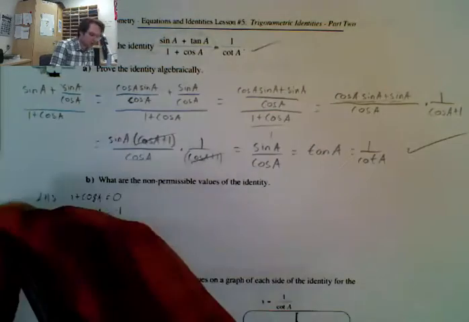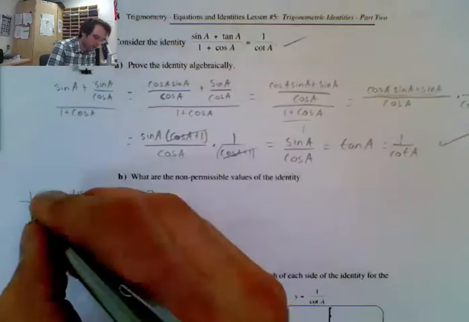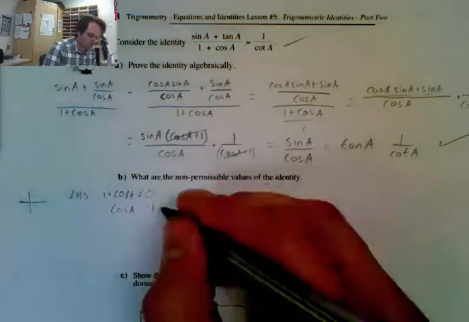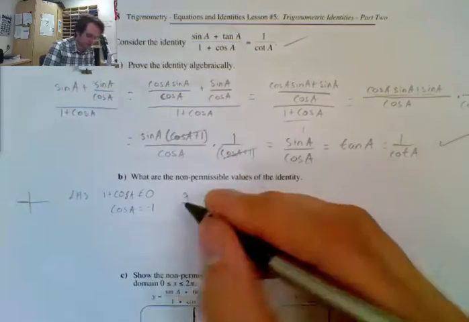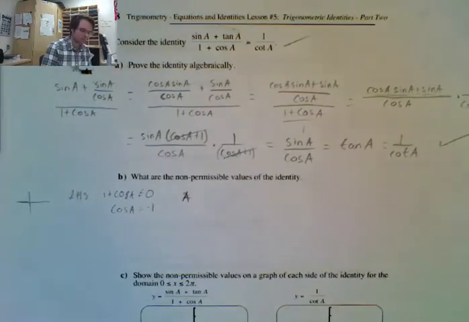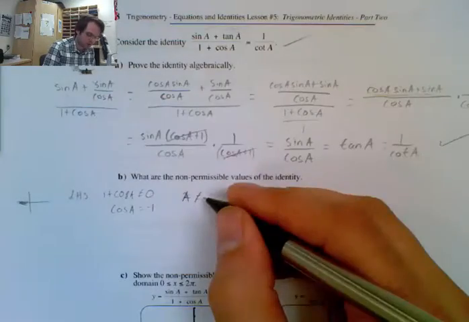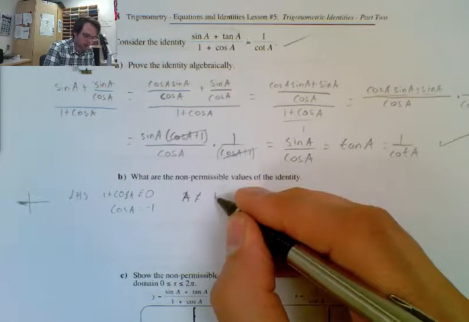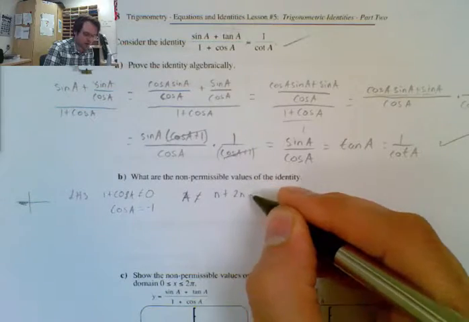So I'm going to take a little look at that here. Where are these values on this? Negative 1 for a is only going to be at pi. Okay? So we have, in this case here, a cannot equal, every time we have pi there, so that's my negative 1 for a, so that's going to be pi plus 2 n pi.